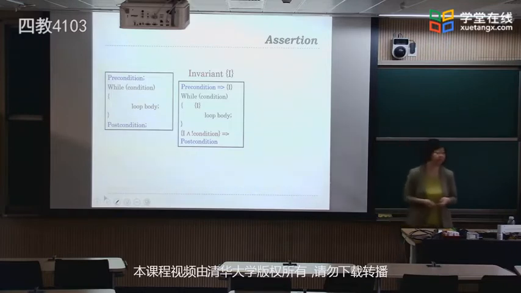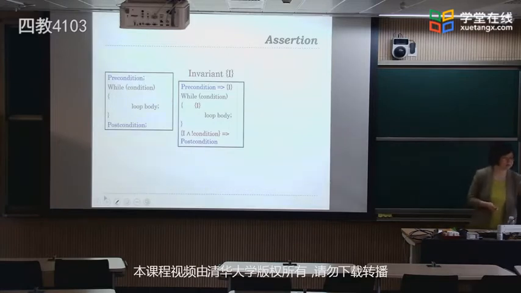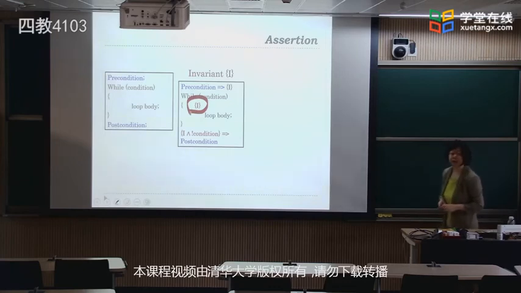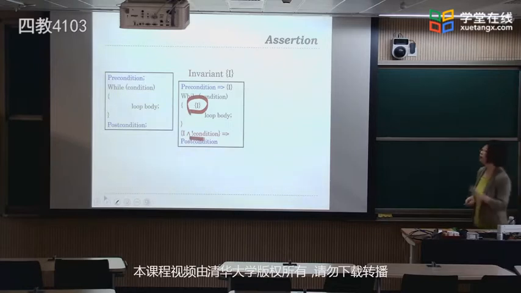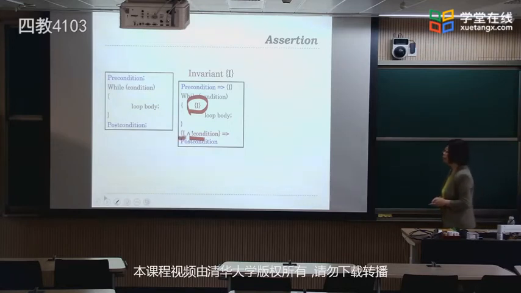And then the loop invariant should also be true at the start of each iteration. And after the while loop terminates, so here you can see this is the not condition, the while loop terminates, and the loop invariant together should imply the correctness of the post condition.